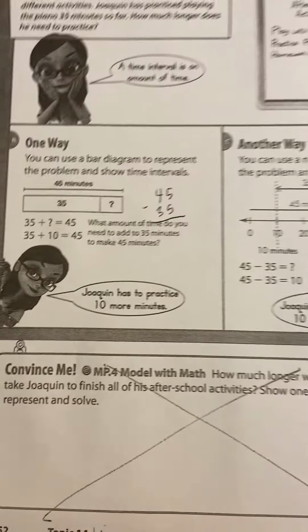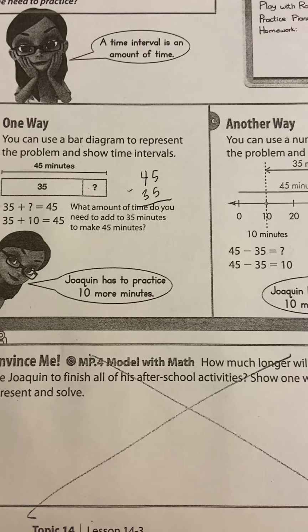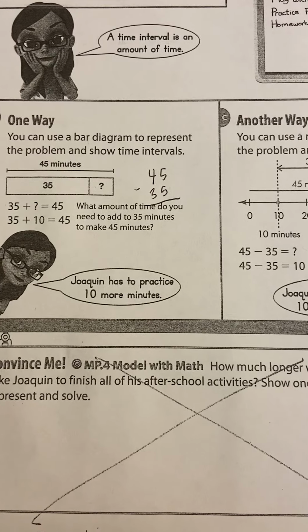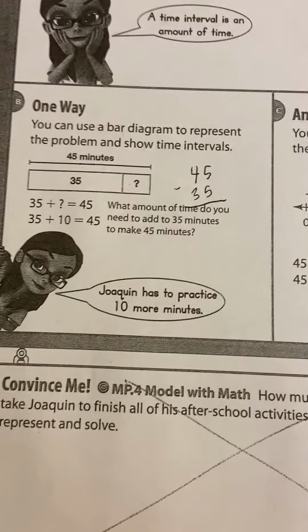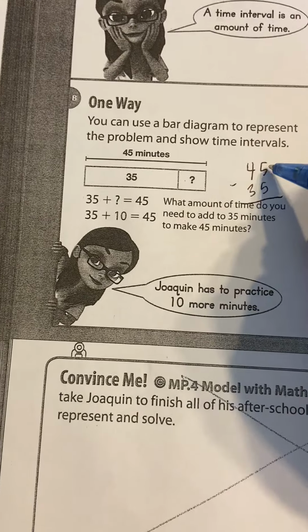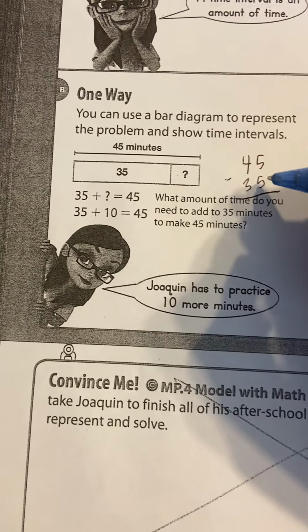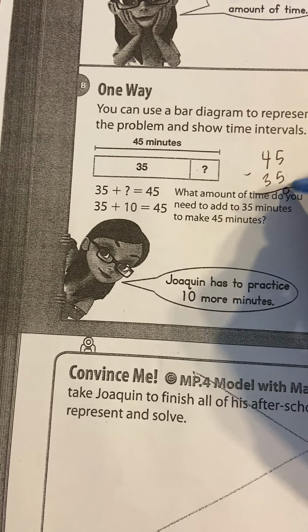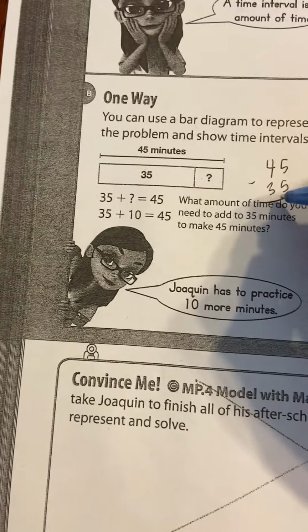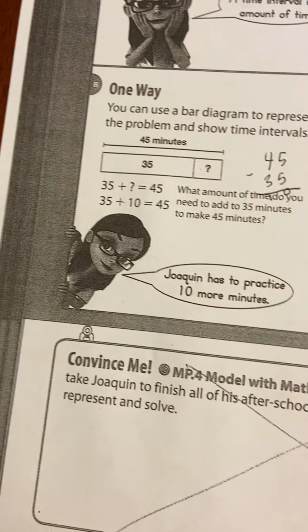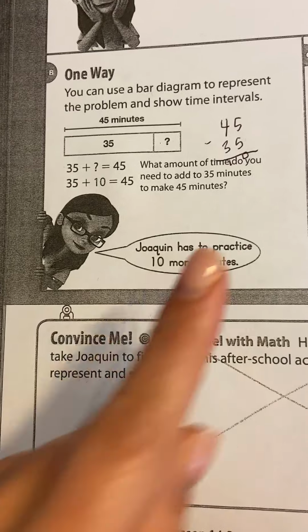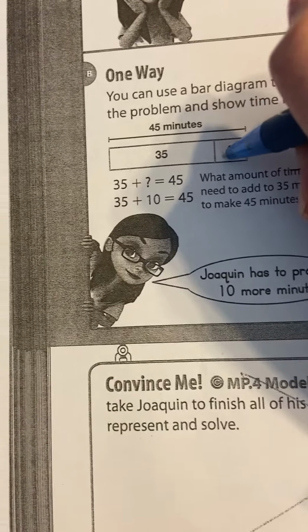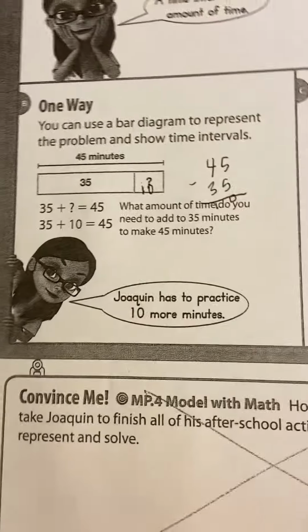So if you wanted to count up by fives, you could say 35, 40, 45, 10 minutes. Or if you wanted to find the difference, if that was easier, 5 take away 5 is 0. I should have written that a little smaller there, sorry guys. And 4 take away 3 is 1. So Joaquin has to practice for 10 more minutes. So the missing time in that question mark is 10 minutes.